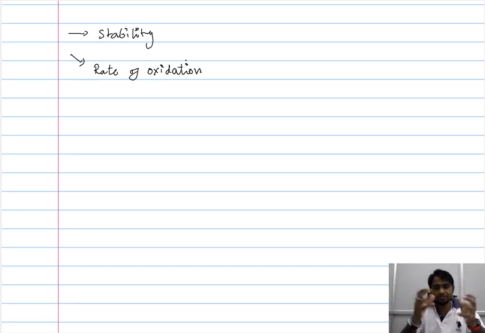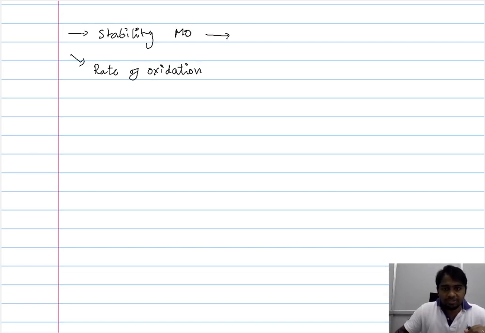Like the stability of several events that we have considered in this series of lectures, the stability of the metal oxide in the previous lecture we considered by treating the change in the free energy of the system when you observe the oxidation in that metal.